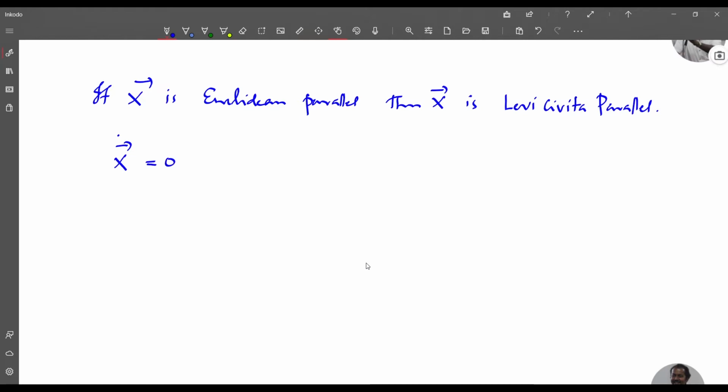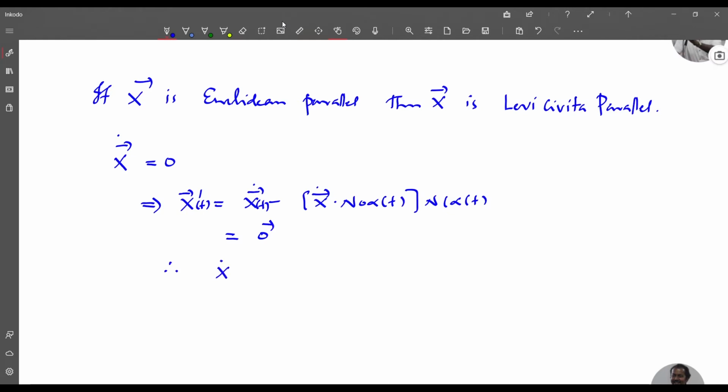So this implies the covariant derivative of X is X dot minus (X dot dot N(alpha(t)), X(t), X'(t)) times N(alpha(t)). So this is equal to 0 because X dot is 0. Therefore, X is Levi-Civita parallel.